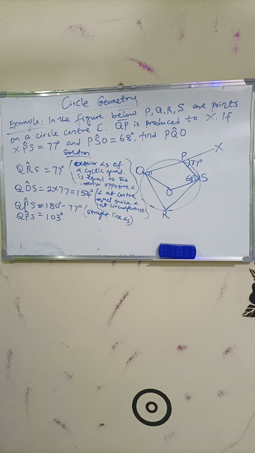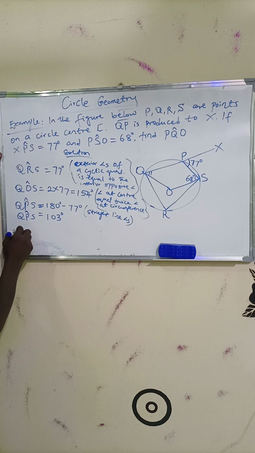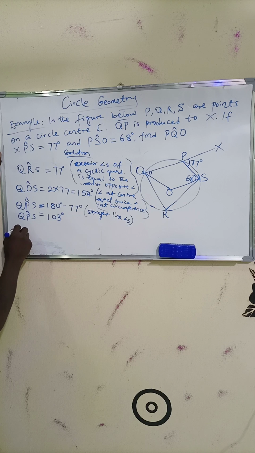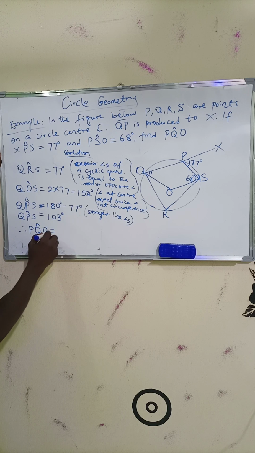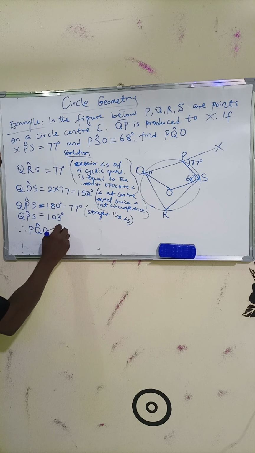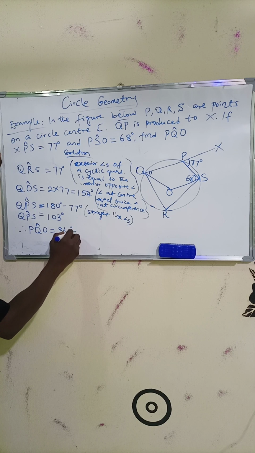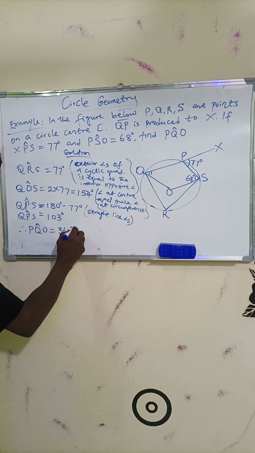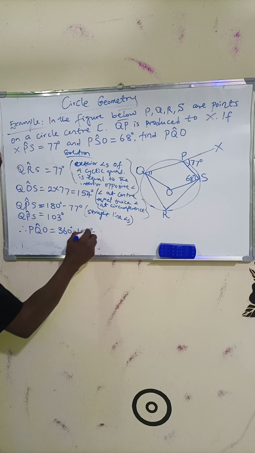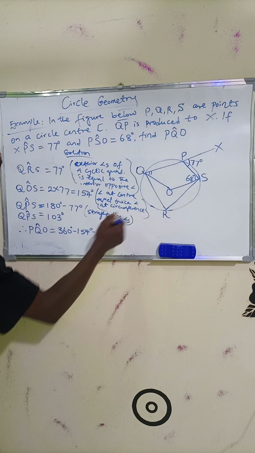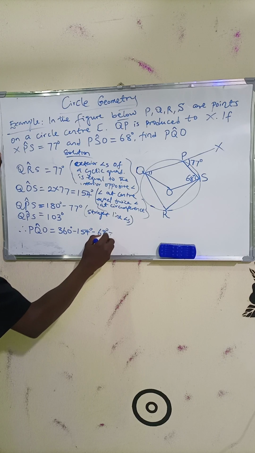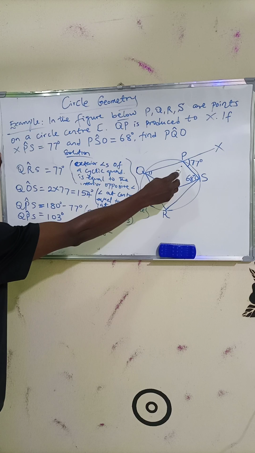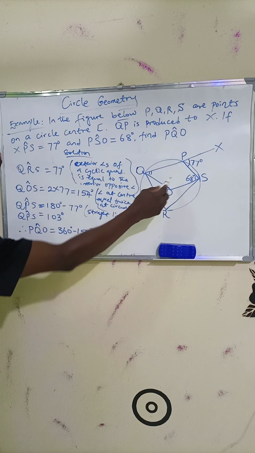So therefore angle PQO will be equal to 360 degrees minus the angle at the center, which is 154 degrees, minus the angle at this point, 68 degrees, minus the angle formed in the interior here, which is 103 degrees.